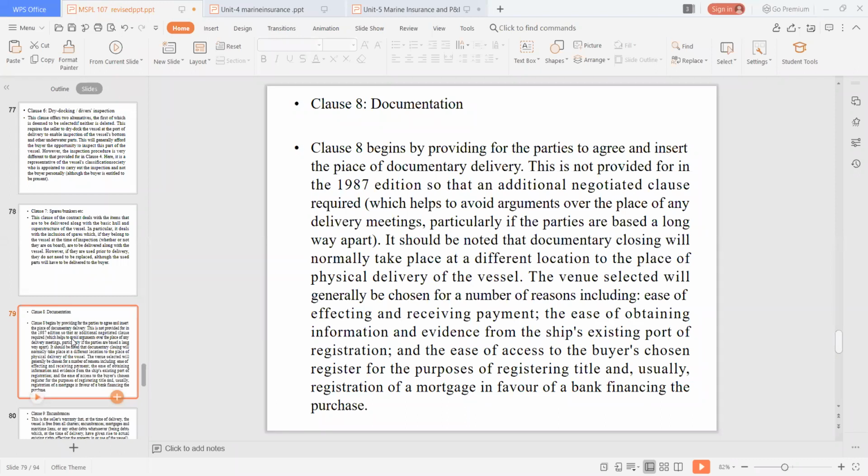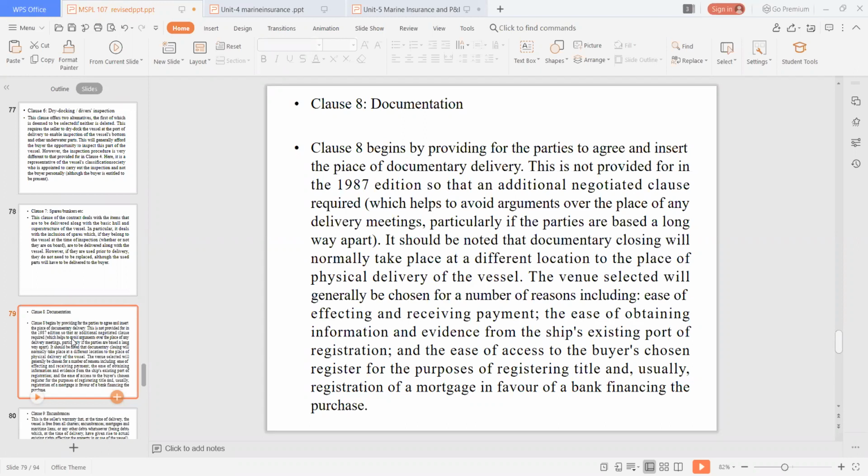It should be noted that documentary closing normally takes place at a different location to the place of physical delivery of the vessel. The venue selected will generally be chosen for a number of reasons, including ease of effecting and receiving payment, the ease of obtaining information and evidence from the ship's existing port of registration, and the ease of access to the buyer's chosen register for the purpose of registering title, and usually registration of a mortgage in favor of the bank financing the purchase.